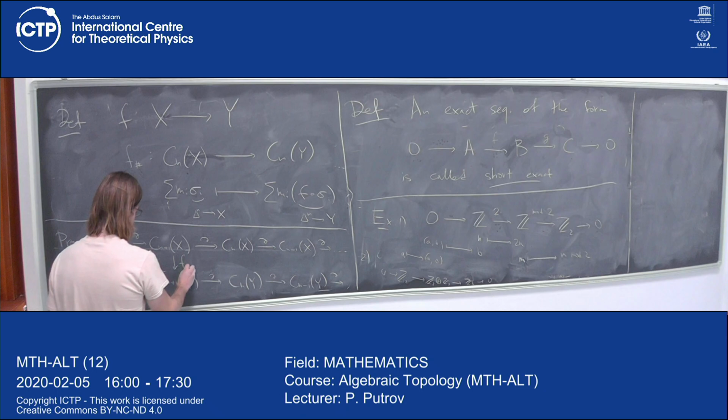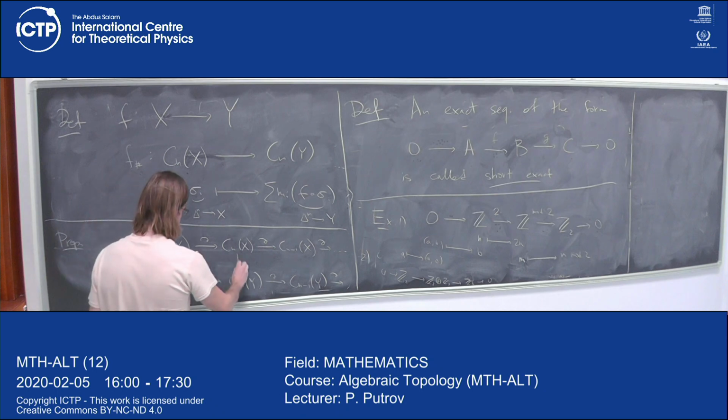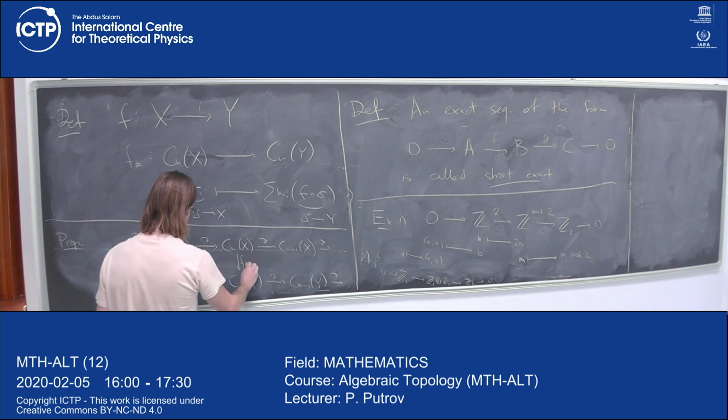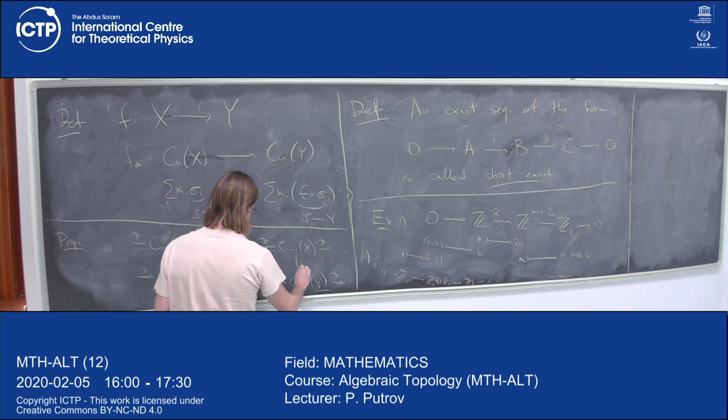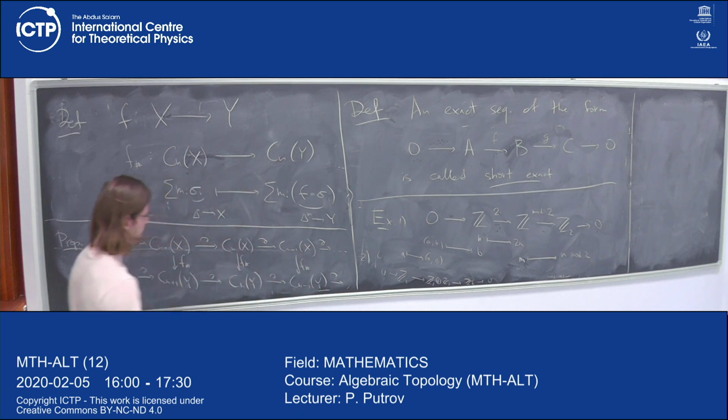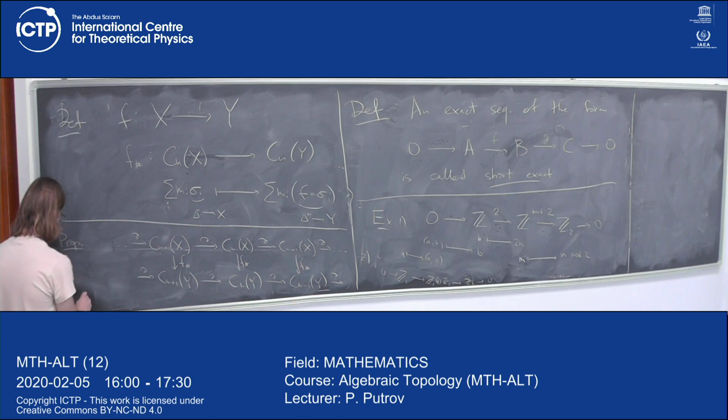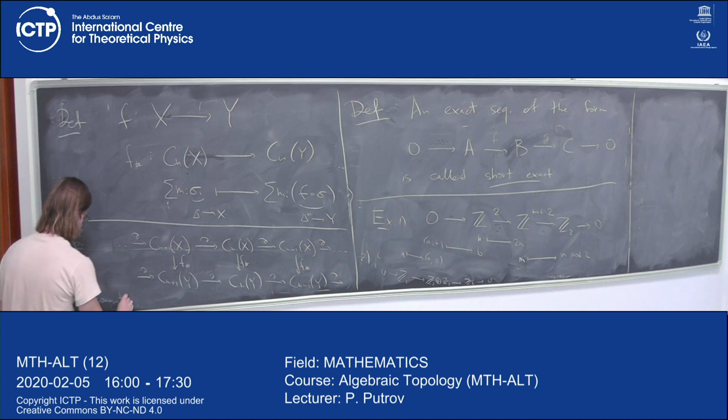And now we defined the maps f sharp like this. And the statement is that this diagram is commutative.